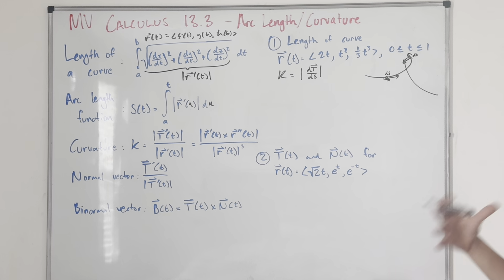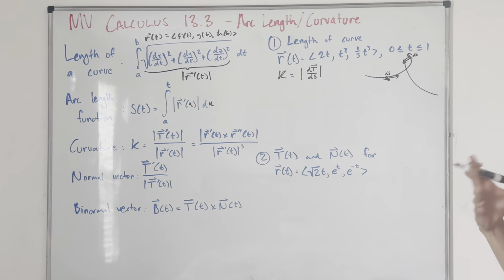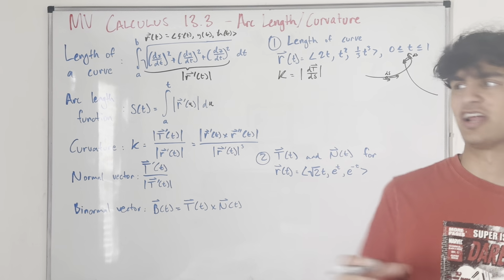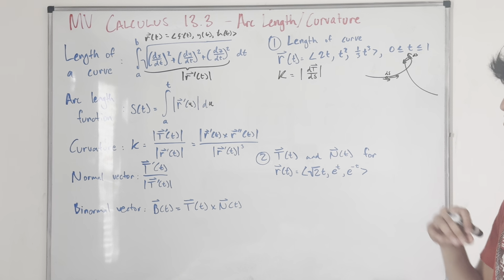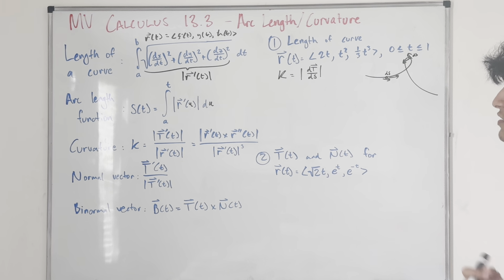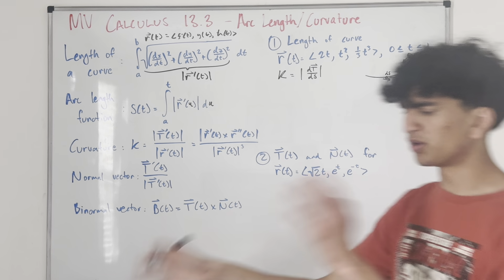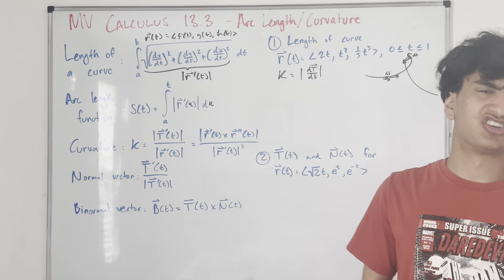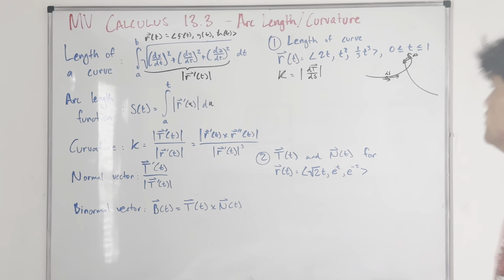It's weird to take derivatives with respect to length, right? Our functions are parameterized with respect to time. The book does have a way you could reparameterize it, but that's just silly. We don't really need to do that.